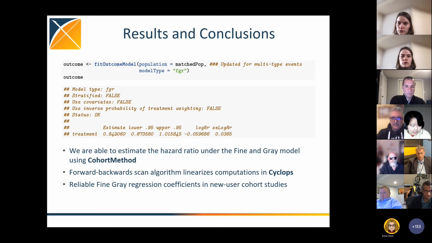Prior R packages with Fine and Gray machinery such as cmprsk have this at a quadratic scale, and so now CohortMethod in our HADES tool stack is able to provide reliable Fine and Gray regression coefficients in new user cohort studies while fitting propensity models and being able to use these propensity models to stratify, match, and trim at the same time.